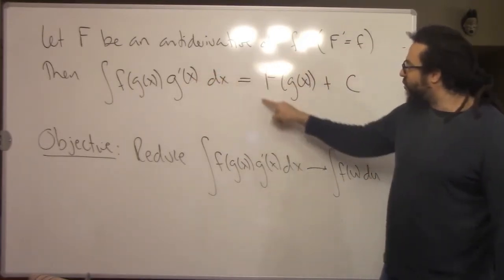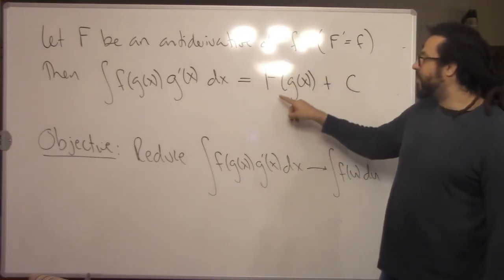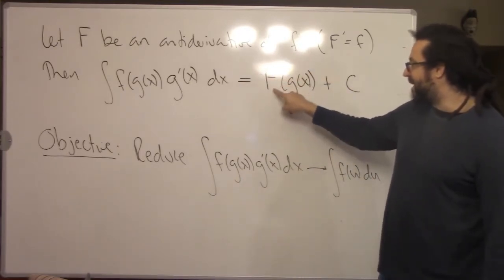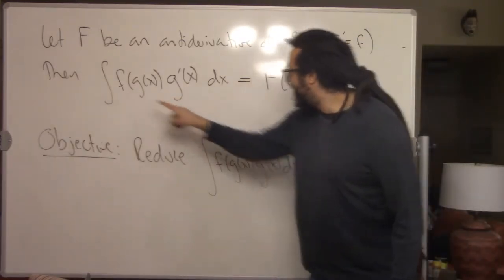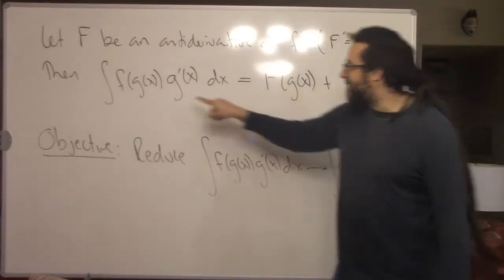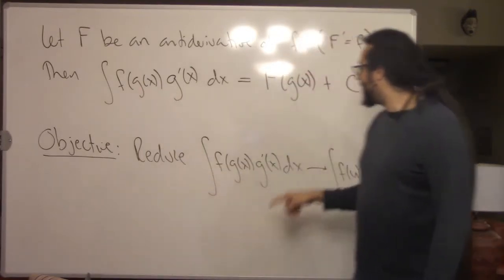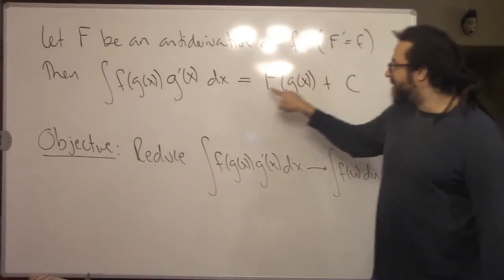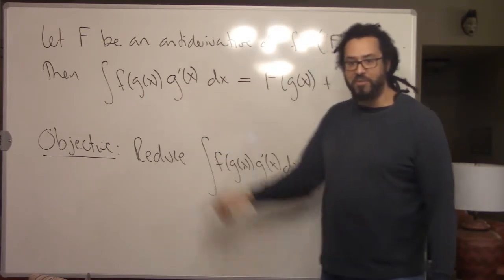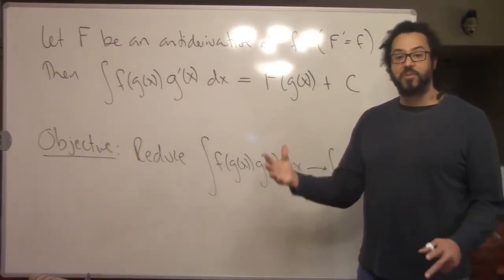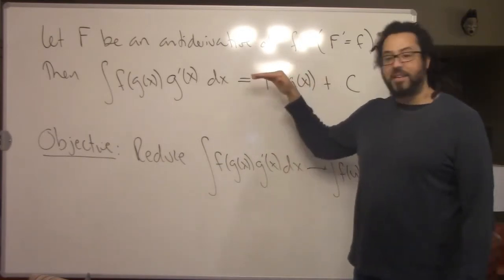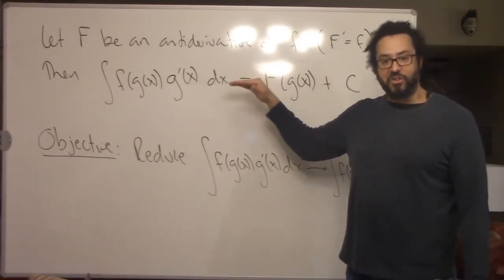So if I take the derivative of this thing, it's the derivative of the outside function, so capital F prime, that's lowercase f, and then recopy the inside function, so that's g of x, and then tack on the derivative of the inside function, so g prime of x. So when we carry out this u-substitution, it's exactly the reverse of the chain rule.